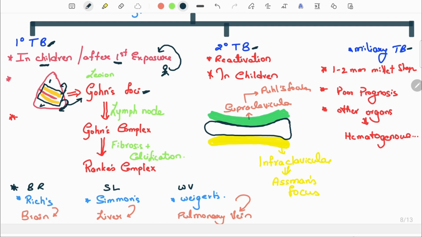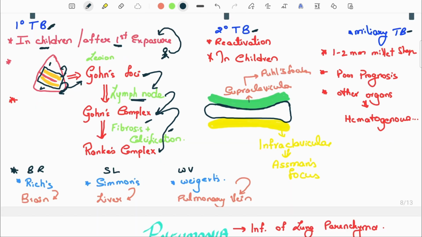With the Ghon focus, if there is involvement of lymph nodes, then it is called Ghon complex. If there is fibrosis and calcification, the complex converts into Ranke's complex.